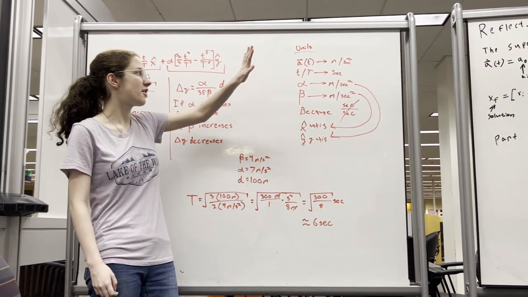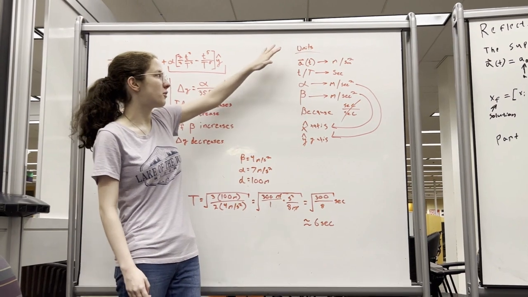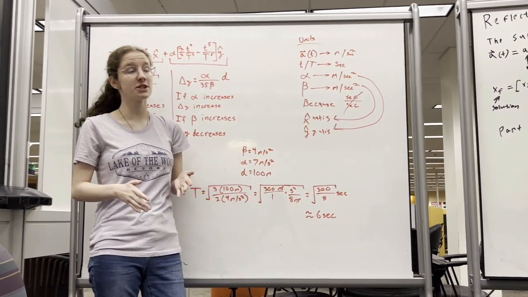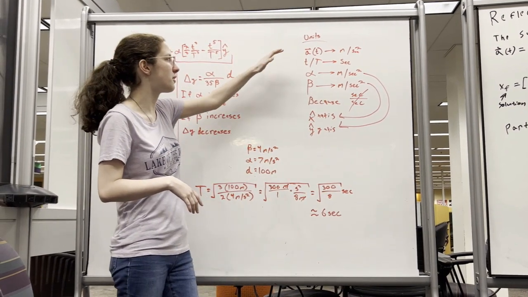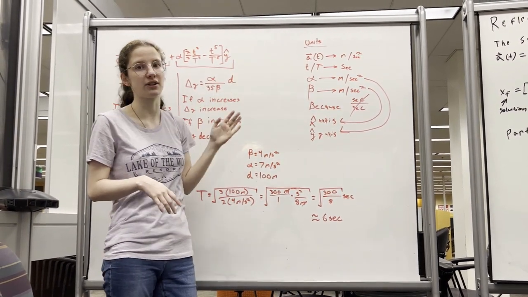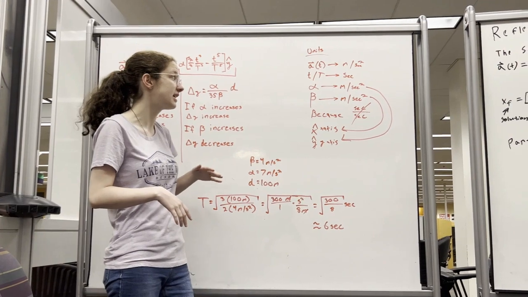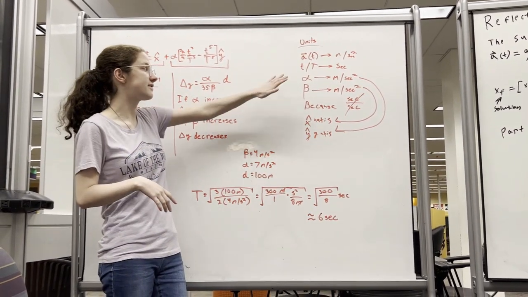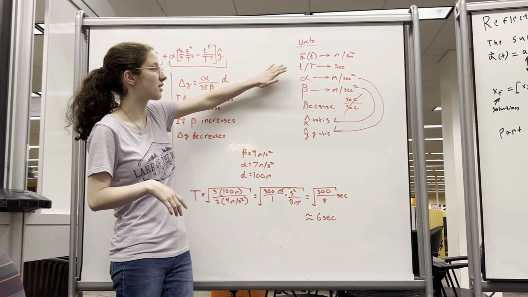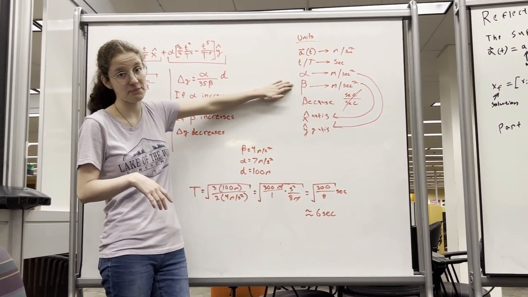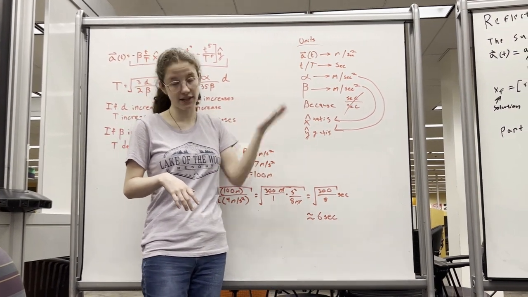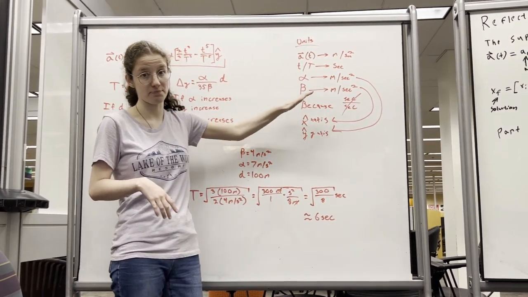In terms of the units, we know that the units for acceleration are meters per second squared. And we know that the units for time, which includes both little t and big T, is seconds. During this exercise, we had to figure out what the units were for both alpha and beta, and we determined those to also be acceleration, meters per second squared.